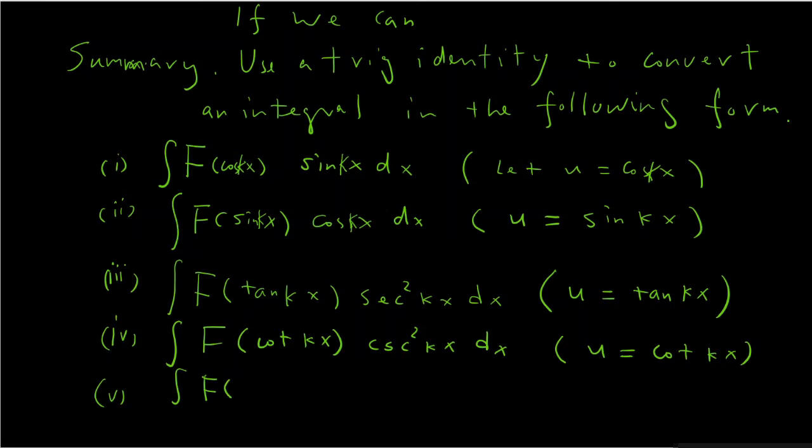The function can be written in terms of secant of kx maybe, and then the other factor is written in terms of the derivative of secant of kx, secant of kx times tan of kx, which is the derivative of secant of kx times a constant, so times a number, right?